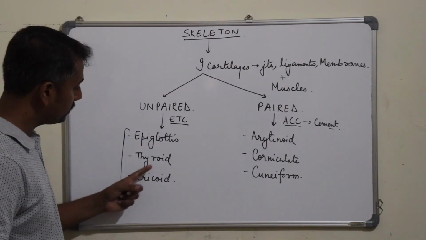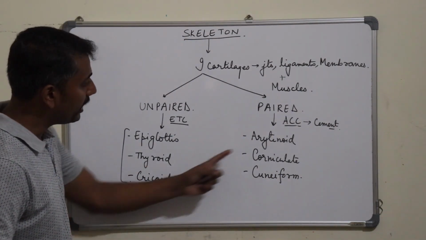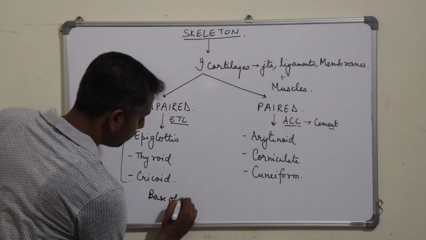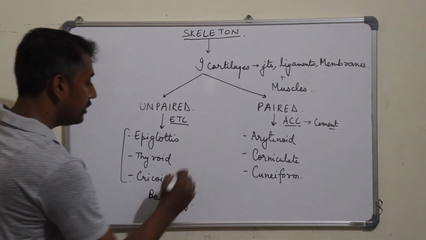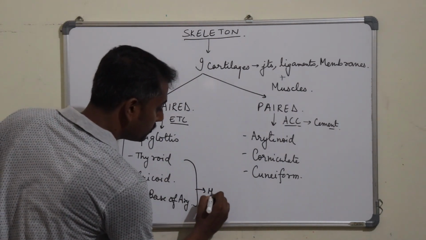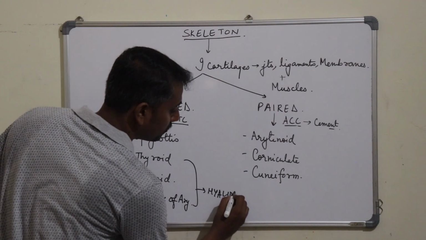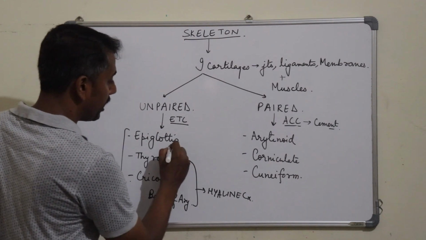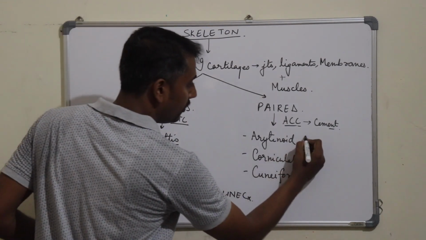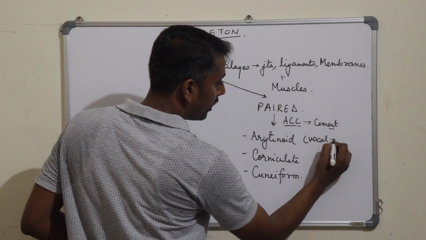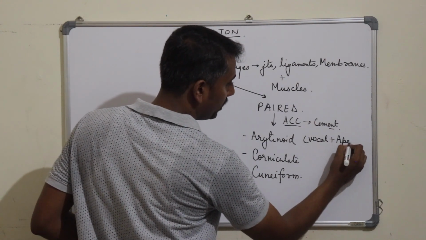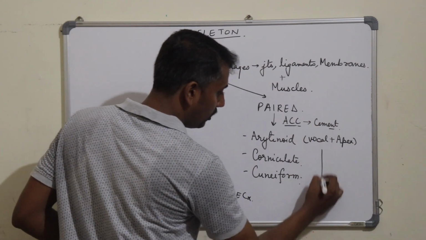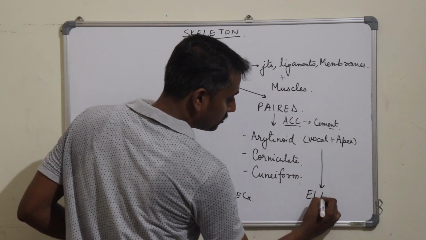Okay? Here the thyroid, cricoid, and the base of the arytenoid are hyaline cartilage, and rest of, that is the epiglottis, the vocal and the apex of the arytenoid, the corniculate, the cuneiform are all elastic cartilage.